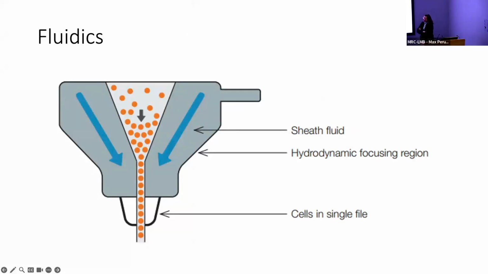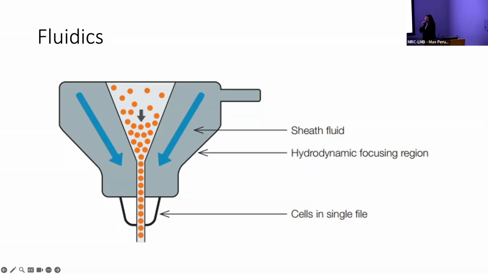So there are several components of a flow sorter, the main one being the fluidics. This is just a schematic of how the fluidics actually work. It consists of a central core through which the sample fluid is injected, and it's enclosed by an outer sheath, which is hydrodynamically focusing the inner stream to focus the cells in a single file.